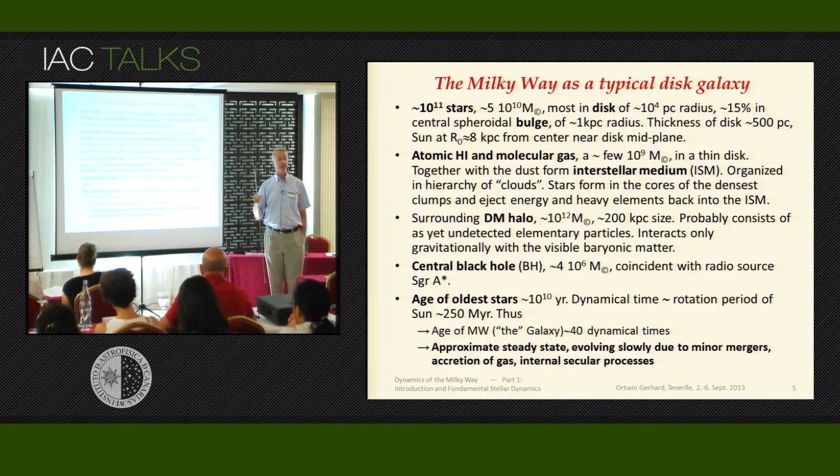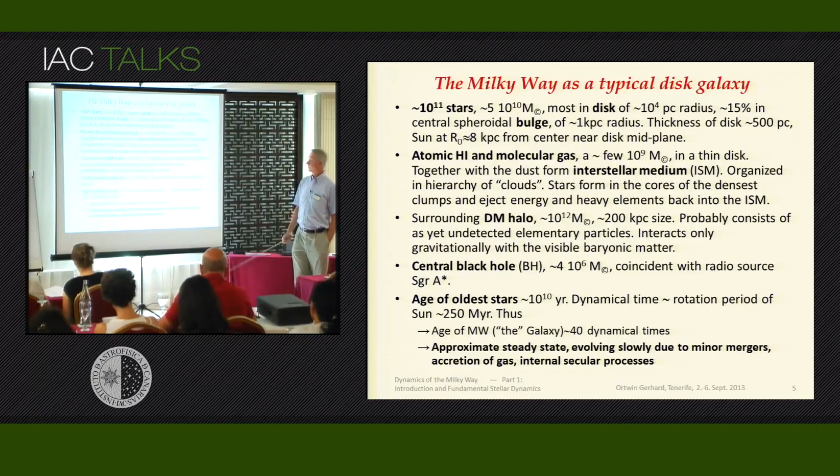If you compare that with the planetary system on the Earth, which is about a billion times a typical rotation old, that means the Milky Way can be a lot further from equilibrium, let's say, than the solar system can be.